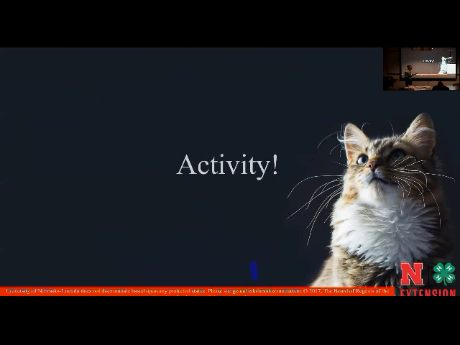So now that we've gone through the coat colors, let's see how well you guys remembered the coat color challenge, how well you remember the different coat colors and patterns that we can see in our cats. Do the one that's titled Coat Color Challenge.